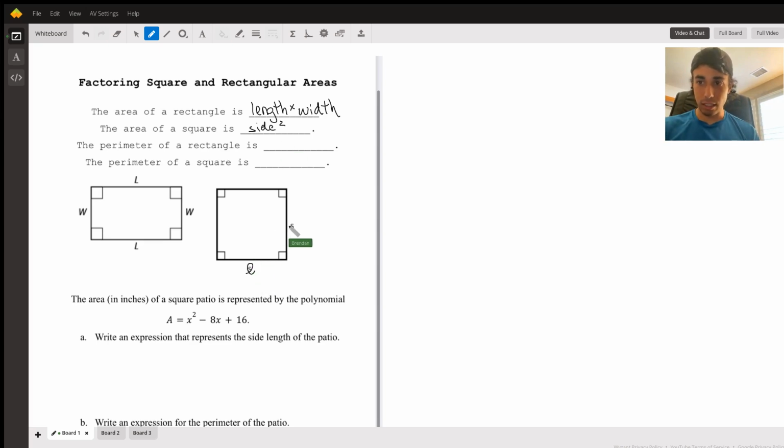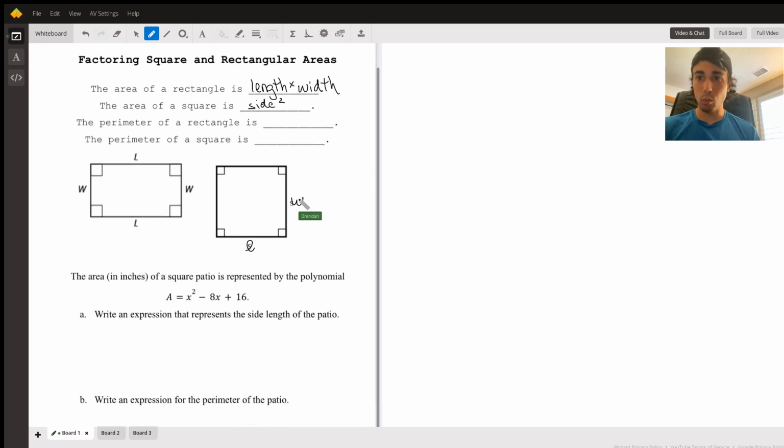Because if one of these is the length and one of these is the width, I'm just multiplying the length by the width. The only difference is on a square, all the sides are the same. So when I say length times width, it's really the same number both times because the length equals the width if we've got a square. We're just calling it the side because for a square, everything's going to be the same. But for a rectangle, the length and the width might not be the same number.